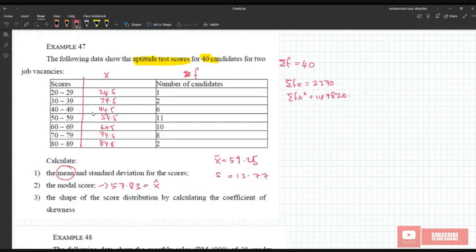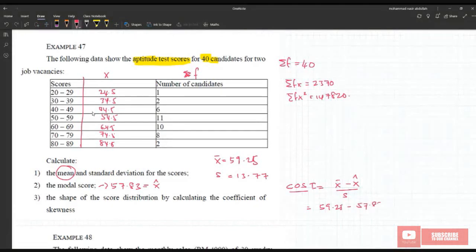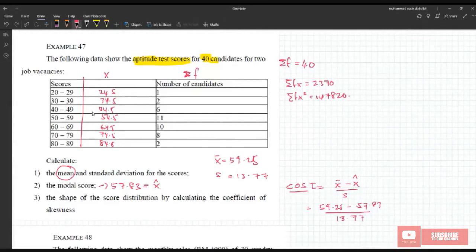So now if you want to find the shape of the distribution, since we have the values of mean, mode, and standard deviation, we will use coefficient of skewness number 1, which is equal to x bar minus mode divided by standard deviation. So this one should be equal to 59.25 minus 57.83 divided by the standard deviation 13.77.